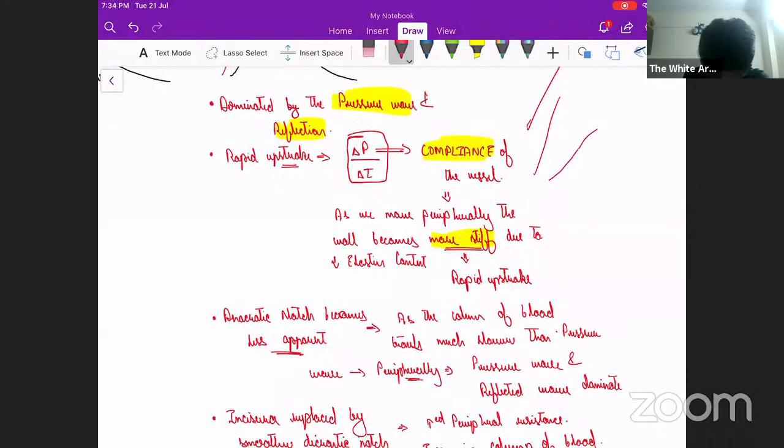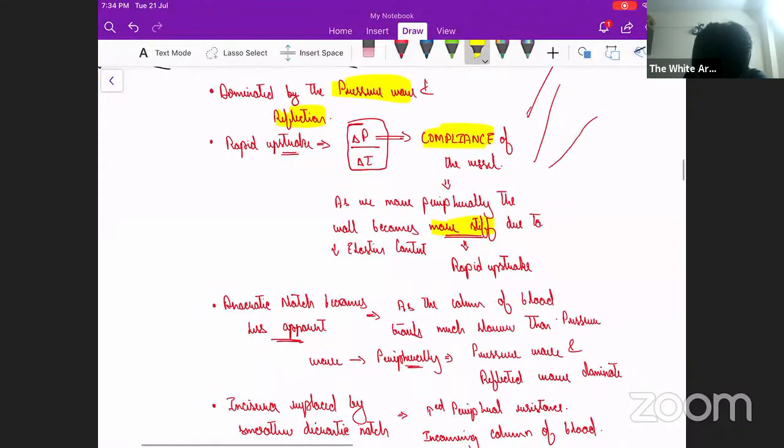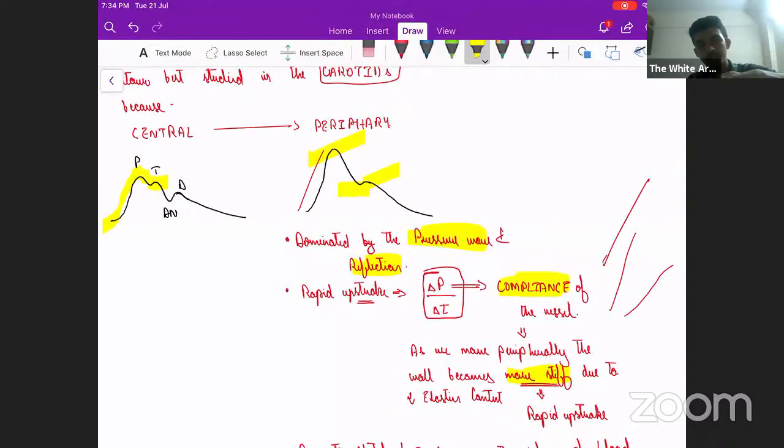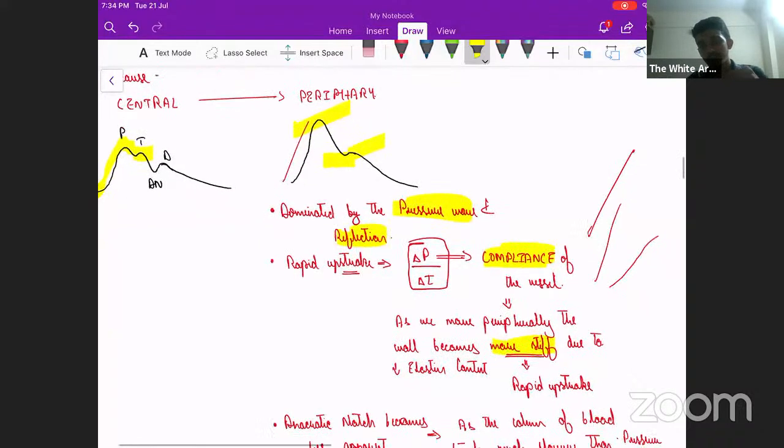Why does this happen? As the column of the blood travels much slower than the pressure. One thing is because, as already mentioned, the pressure wave and the reflected wave dominate the activity. Over here, we were expecting a dip in the pressure because there was no activity taking place between the systole and diastole. But as we move to the periphery, the reflected wave comes in much faster because the branching points are closer.